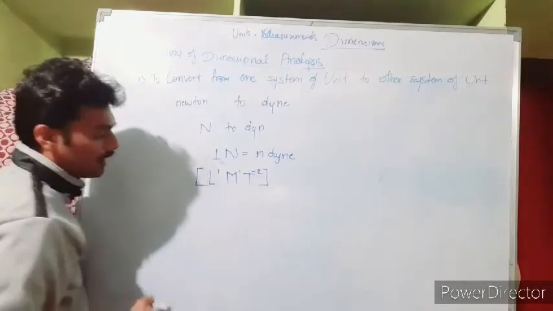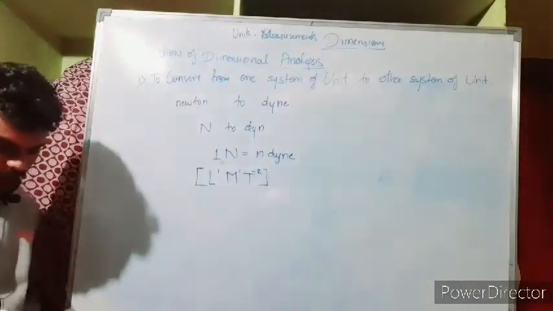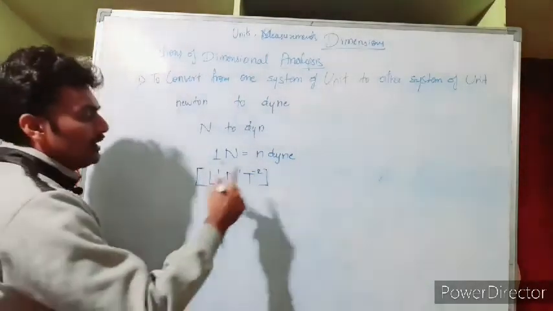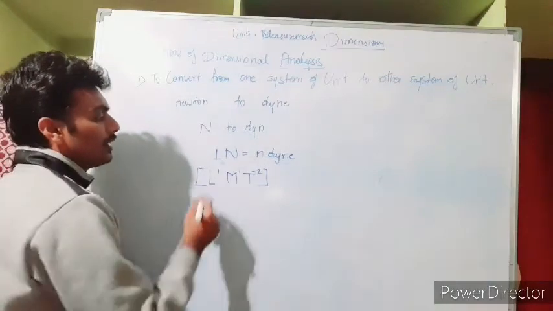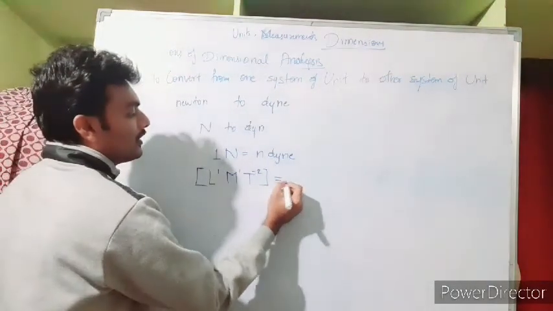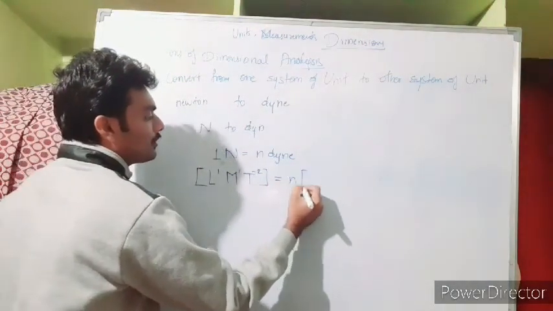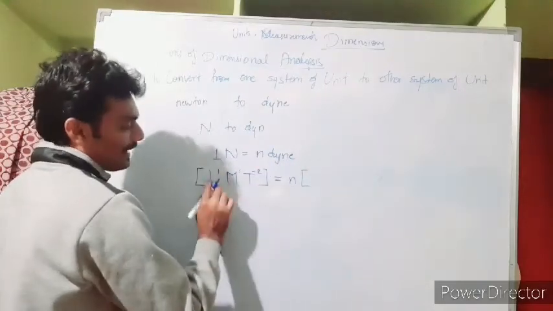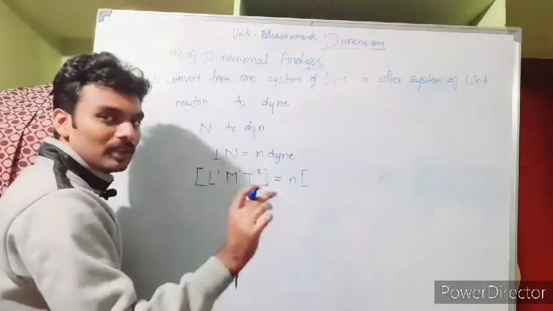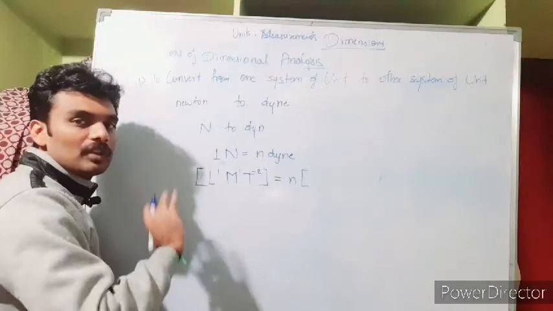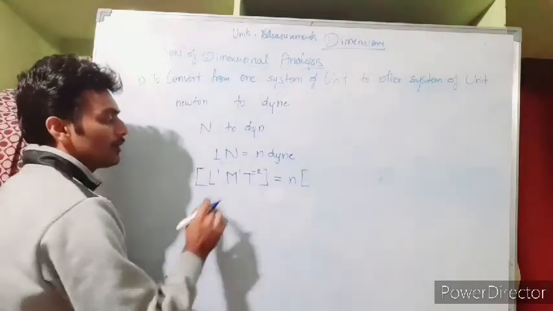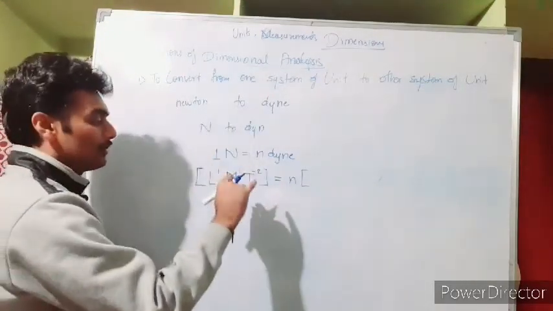F is equal to ma. So L1 m1 t minus 2 is equal to n times the dimension of Dyne, which is again L1 m1 t minus 2. Dimensions are the same for both the units because they belong to the same quantity, force.